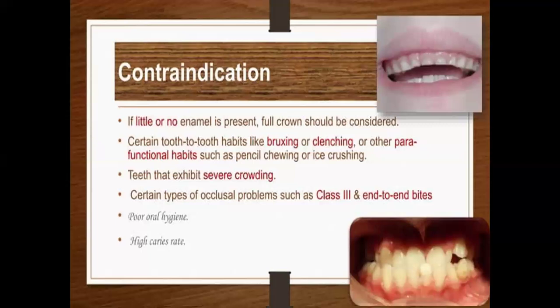And certain types of occlusal problems, where the patient is having a class 3 or end-to-end bite, or where there is an interference when the patient moves the mandible forward, veneers cannot be considered.